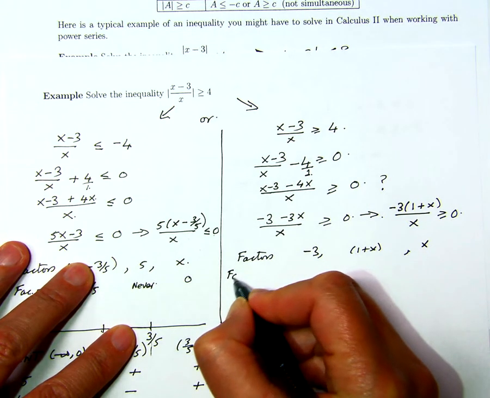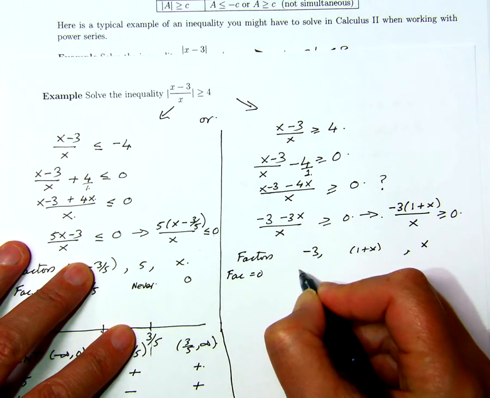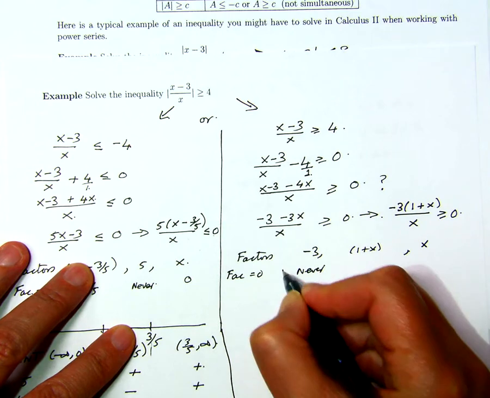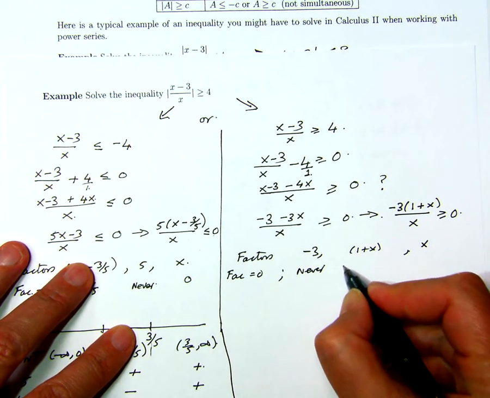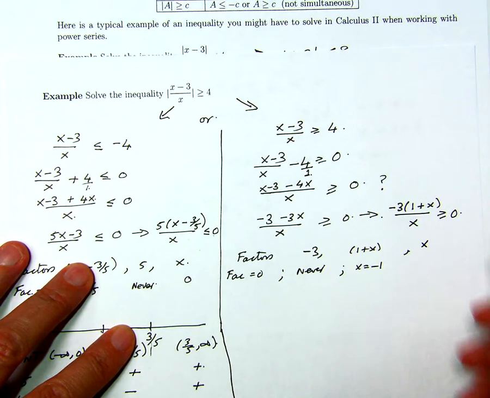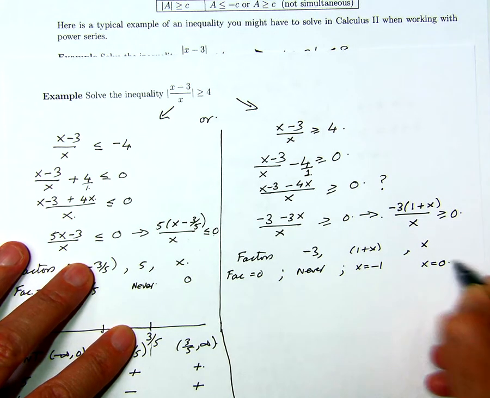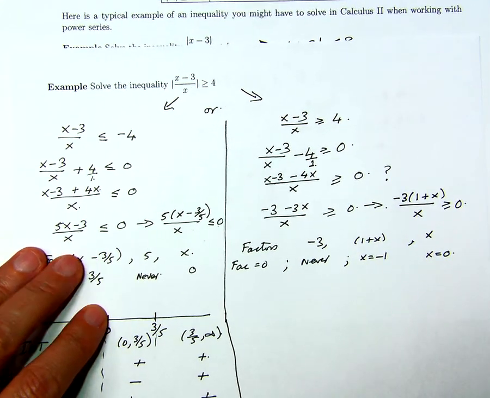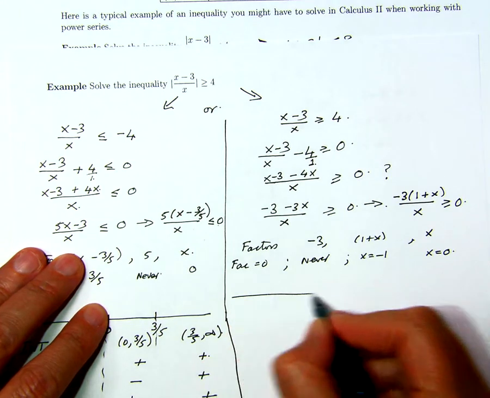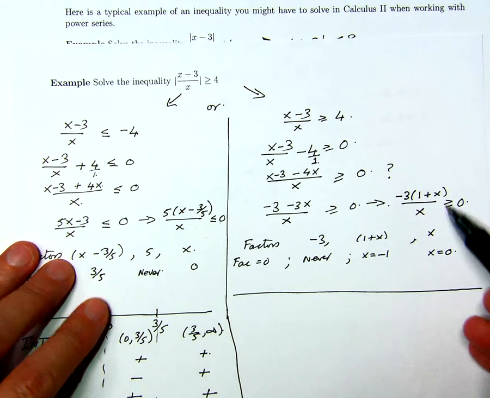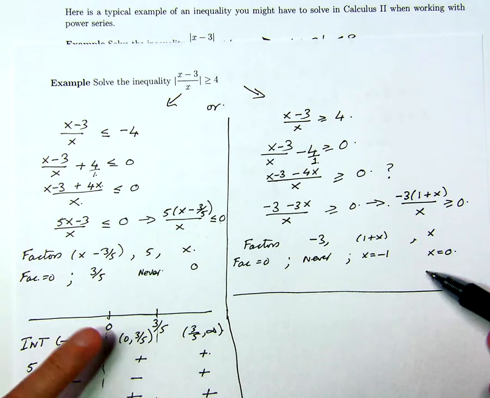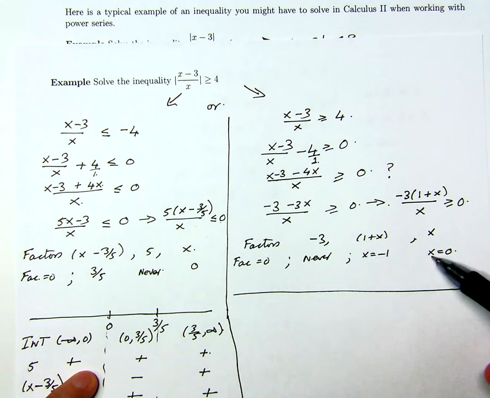And they're equal to 0. Well, this one never. This one's equal to 0 when x equals minus 1. And this one equals 0 when x equals 0. Now I figure out which intervals. Remember, if this quantity changes sign, it must be at one of these 2 points.